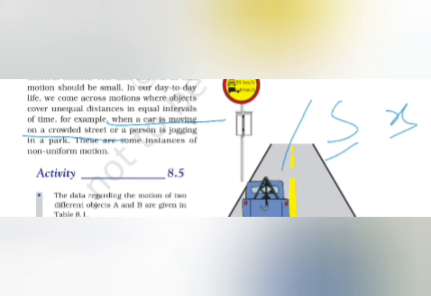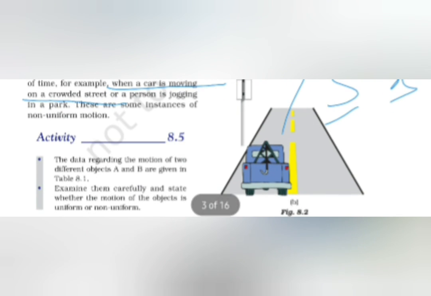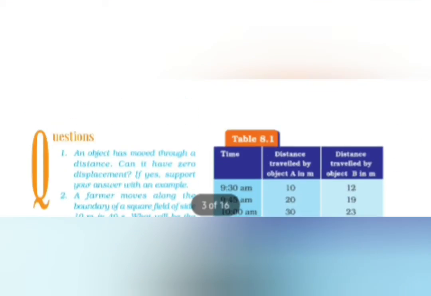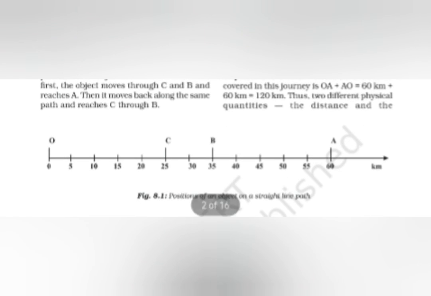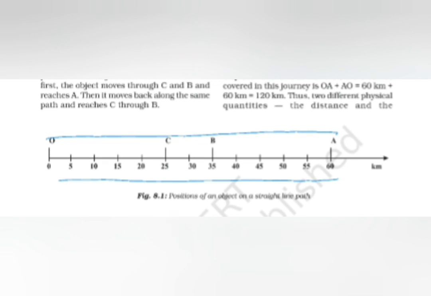What do we mean by that? Distance is a scalar quantity because it has magnitude only. Here we have seen in this example that the distance was 60 kilometer, and the displacement was 60 kilometer, which was equal. Displacement depends on direction because displacement is a vector quantity.